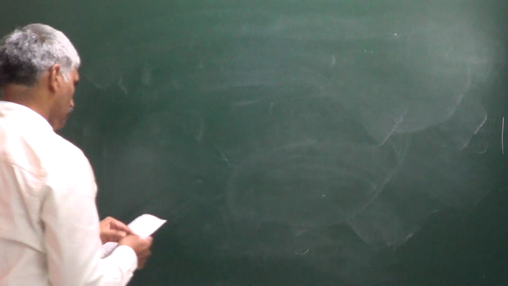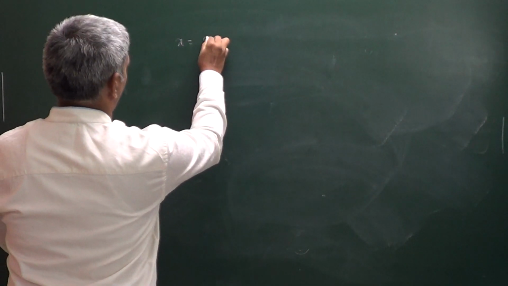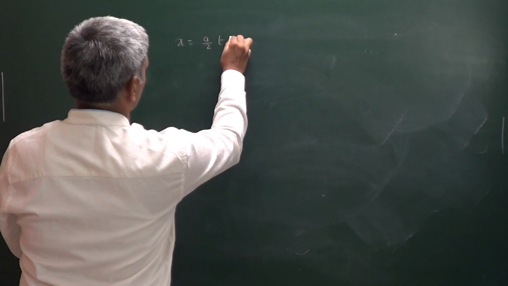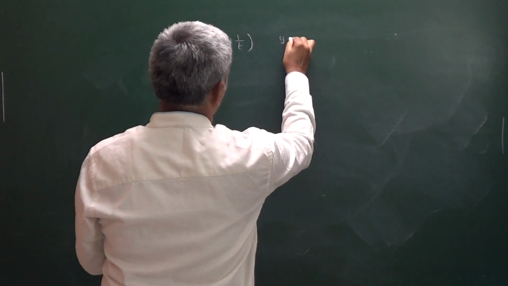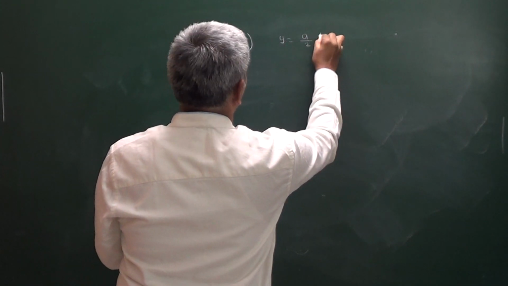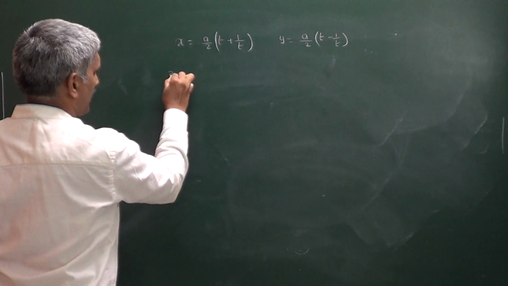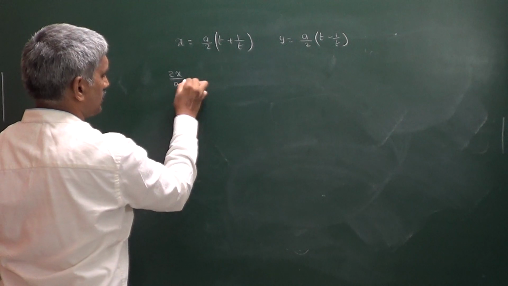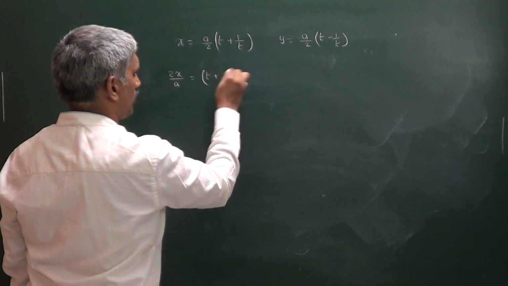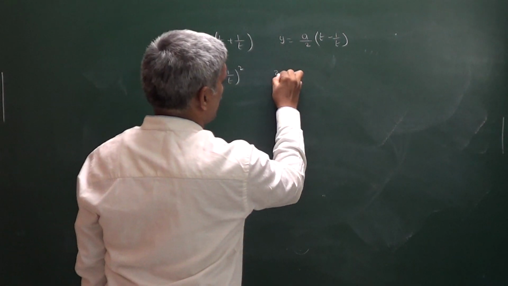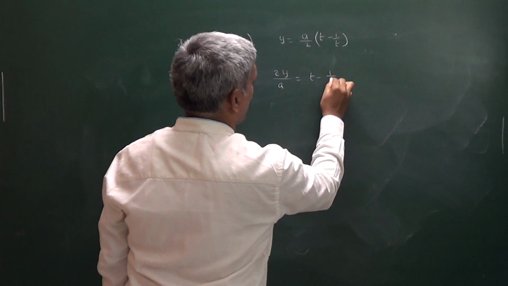So this is one more question. The question is given in this way. x is equal to a by 2 into t plus 1 by t. y is equal to a by 2 into t minus 1 by t. Right? So I can write here 2x by a is equal to t plus 1 by t, and 2y by a is equal to t minus 1 by t.